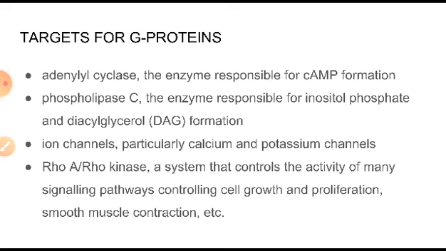Ion channels are also a target, particularly calcium and potassium channels. It also targets RhoA or the Rho kinase, a system that controls the activity of many signaling pathways, controlling cell growth and proliferation, smooth muscle contraction, etc. So likewise, this particular G protein targets all these categories of molecules.